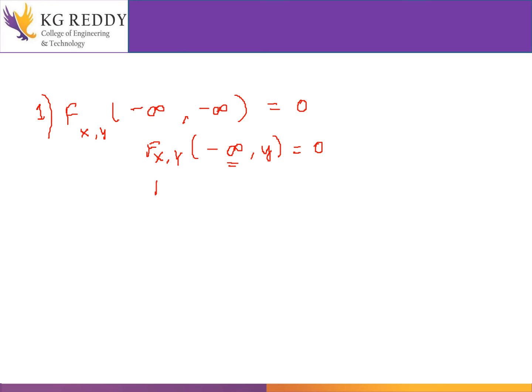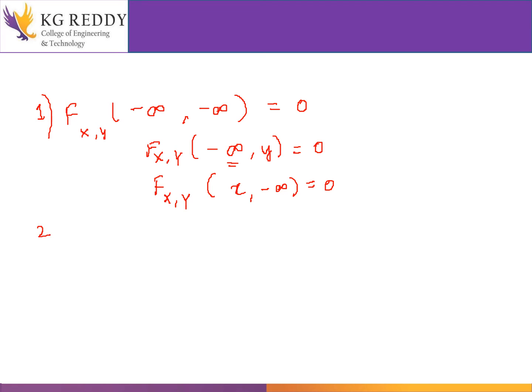In the same way we can write F_X,Y(x, minus infinity) is also equal to 0, because y is less than or equal to minus infinity. There is no number existing less than or equal to minus infinity, and its intersection with x also will be nothing. That's why it is equal to 0.